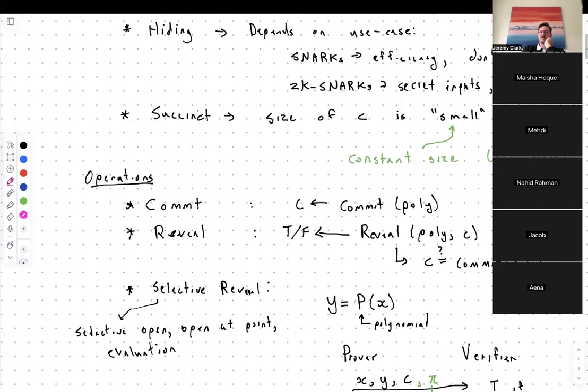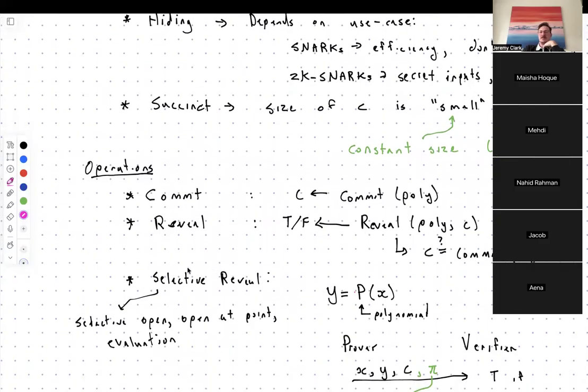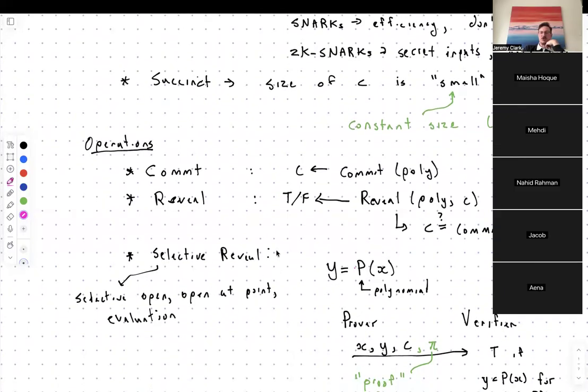But where it breaks down is the selective reveal. All I can do is open up the hash and show you the full input to the hash. I'm not going to be able to open it up to just one specific value. So the whole reason that we're doing KZG and we have all this fancy math is basically to try and realize this property. This is the tough property to realize.